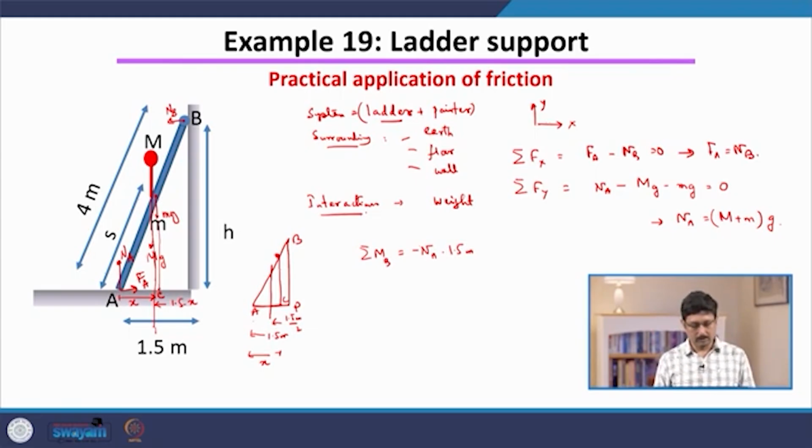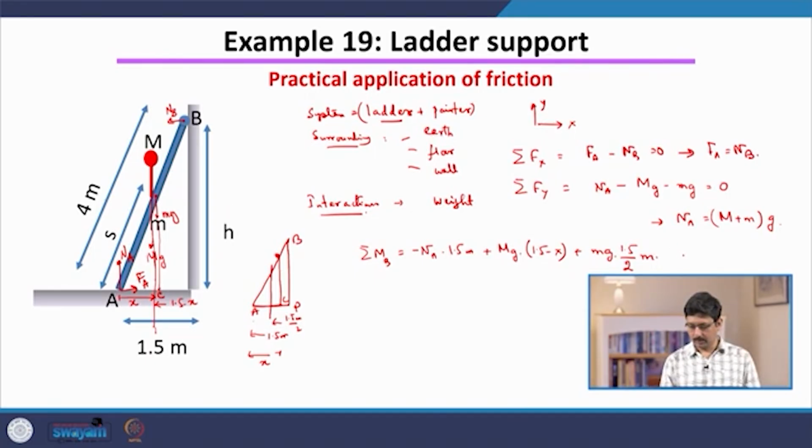The torque due to the weight of the painter is in the opposite direction. So, this is mg times 1.5 minus x, and the torque due to the weight of the ladder is mg times 1.5 divided by 2 meter, and the torque due to the friction is F times h, where h is this height.